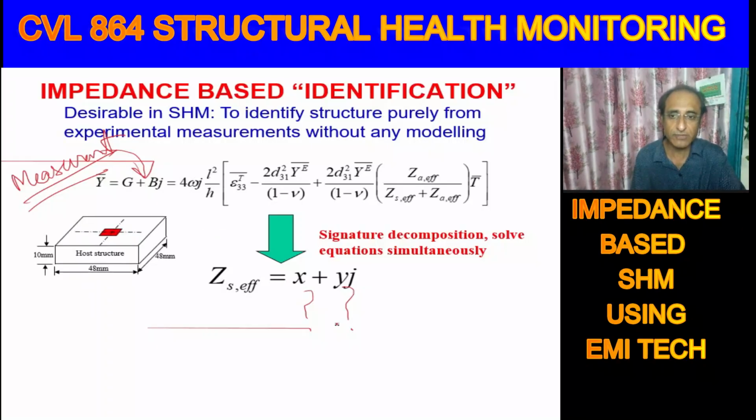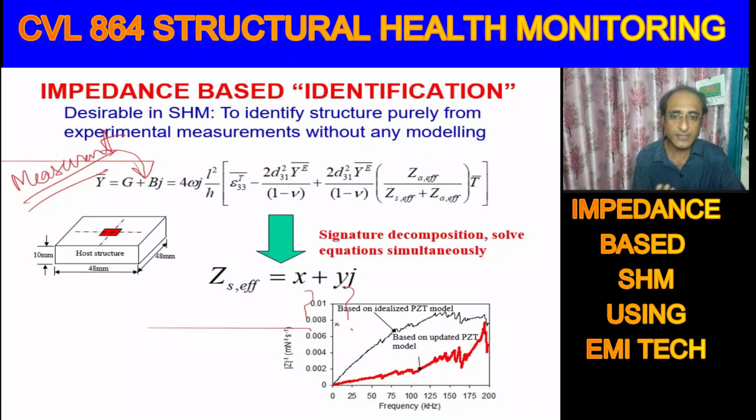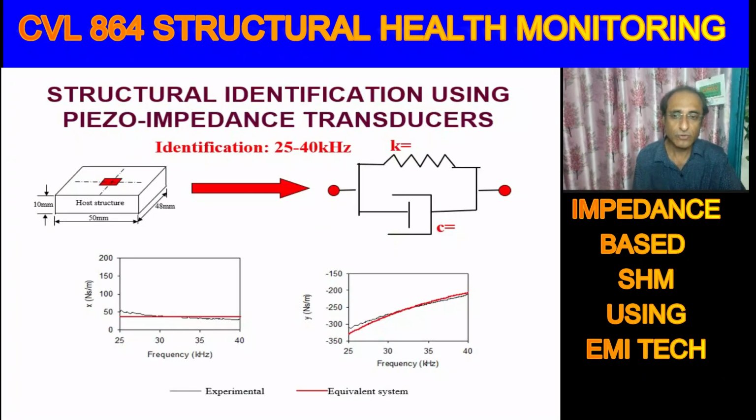For example, this is one block where a piezo has been bonded, and this is the plot of the variation of the mechanical impedance with frequency. If you do this analysis, you'll find that the variation of x and y will be like this. You'll find that x is coming out to be positive, y is coming out to be negative, and the negative value is also decreasing with frequency.